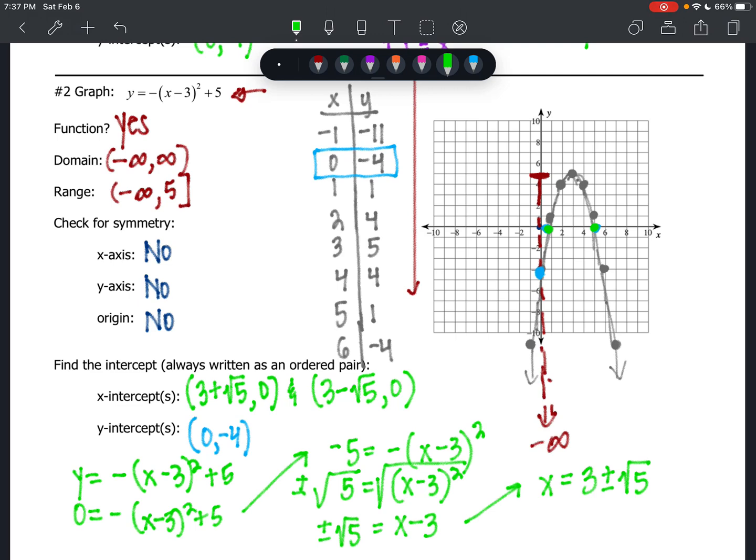You go to your calculator and you can confirm that it is 2.2-ish. So 3 plus 2.2 would be about 5.2, so 5.2 comma 0, and 3 minus 2.2 is 0.8, so that would be 0.8 comma 0. So this one is 5.2 comma 0 as a decimal, and the other one is 0.8 comma 0.